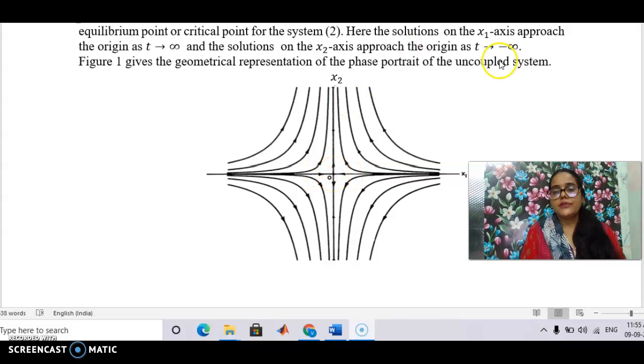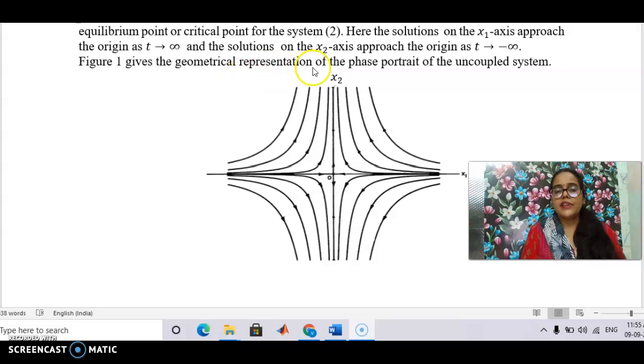When t approaches to minus infinity, x2 approaches to the 0. तो यानी कि when t approaches to infinity, x2 is moving above, x2 approaches to infinity. तो इस केस में क्या हुआ? When t approaches to minus infinity, there is an attractor on x1 axis and at x2 there is a repeller.